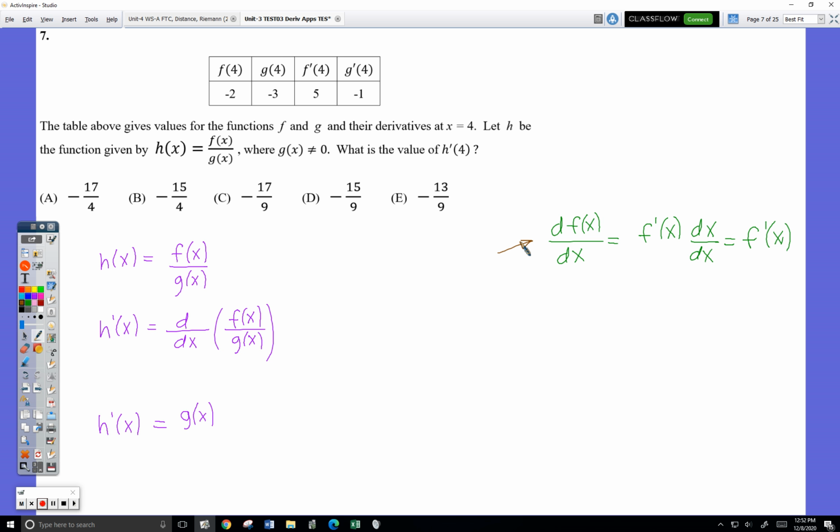So the chain rule says that anytime you have d over dx of some function of something, the derivative is going to be f prime of the something multiplied by the d over dx of that something. So that's just the rule, the chain rule. Does that make sense? Yeah. So let's get everybody to do this one, might help.